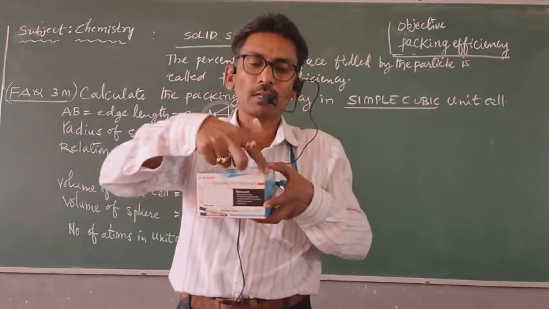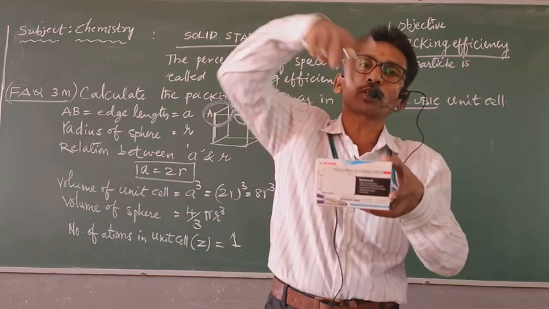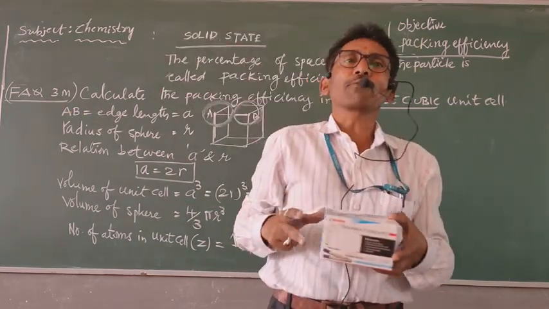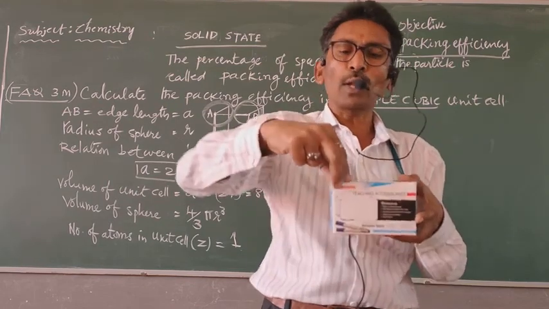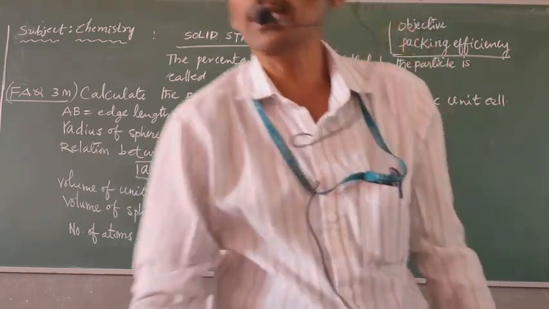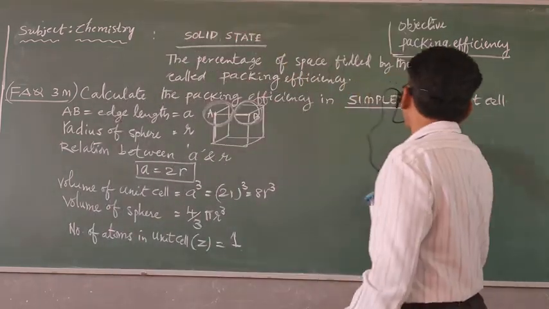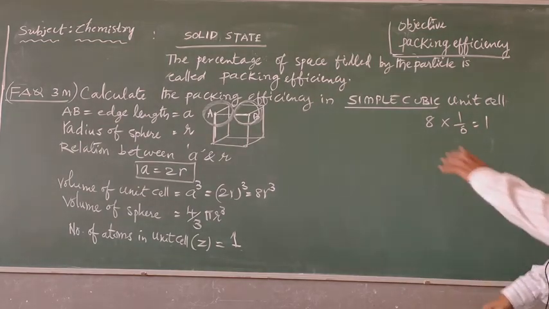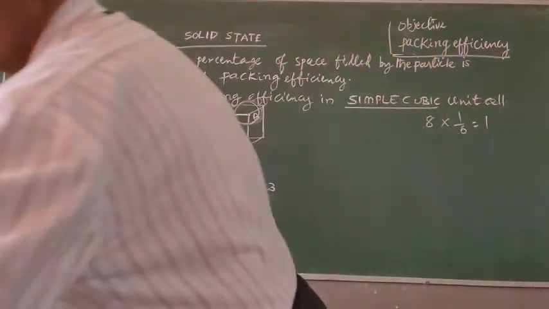The particles at corners do not completely belong to the same unit cell. They are shared by nearest unit cells. So after sharing, each corner has 1/8 portion. 8 corners into 1/8, you will have 1. That is the answer.